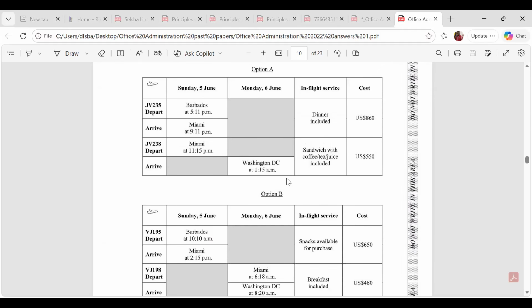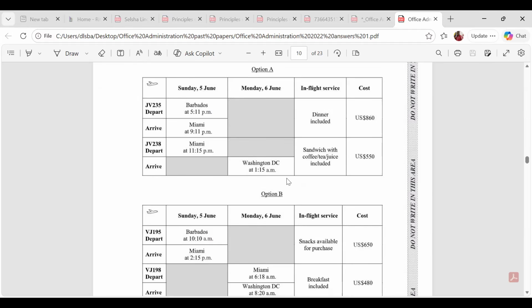Option A, leaving Barbados 5:11, getting dinner, reaching Miami 9, and leaving Miami 11, and reaching Washington, D.C. at 1:15 a.m. on Monday.